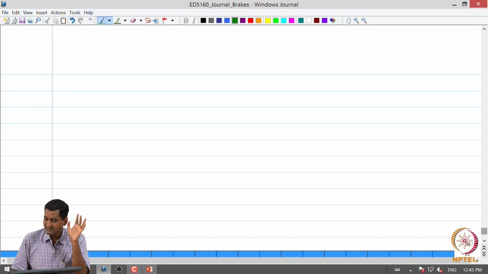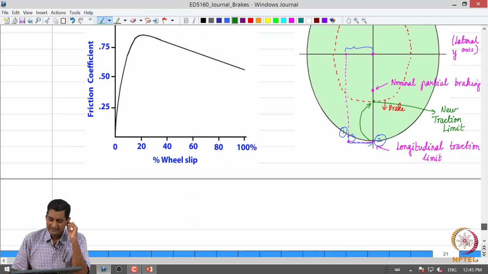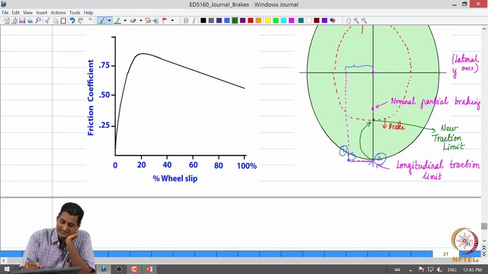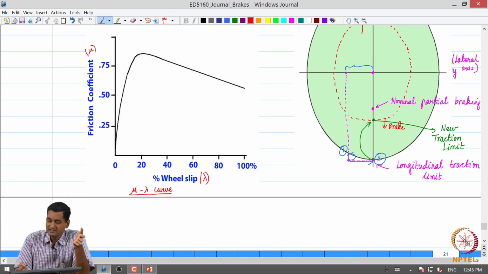We are only going to look at straight line braking. So let us consider what is called the mu lambda curve or the traction curve. What is plotted here is that on the y axis we have the friction coefficient mu, on the x axis lambda in terms of percentage, obviously. So 1 means 100%, 0 corresponds to 0%.